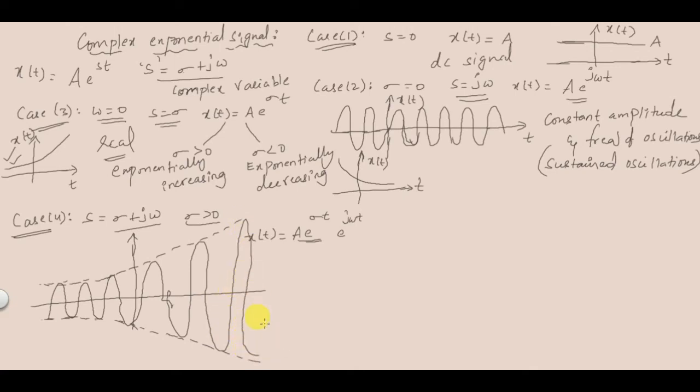Such type of output is called as exponentially increasing sinusoidal signal, because the output is a combination of both exponential and sine. Since it is increasing exponentially, it is the combination of increasing exponential and sinusoidal signal.